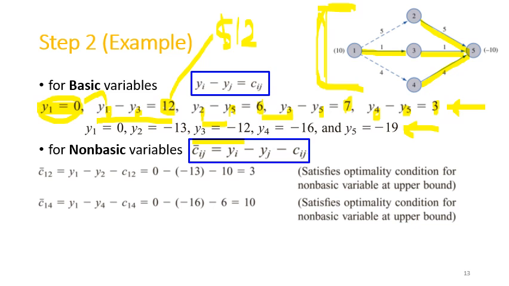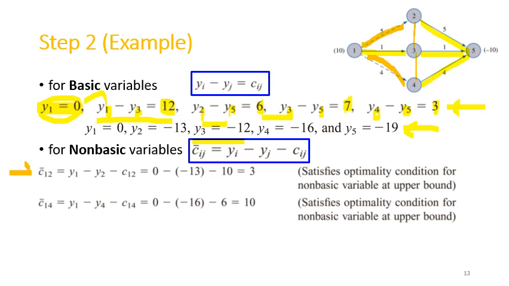So the non-basic variables that we have here are, let me erase things a bit to make this look less messy. Good. So the non-basic variables are x12 at upper bound, x14 at upper bound, x32 at lower bound, and x34 at lower bound. So we need to compute the Cij hat for those variables.